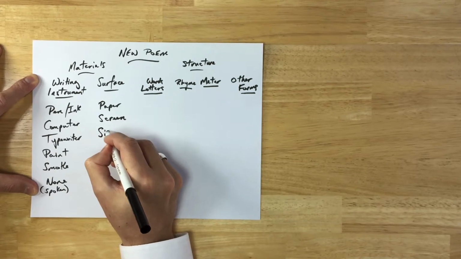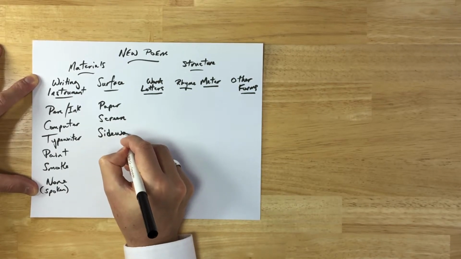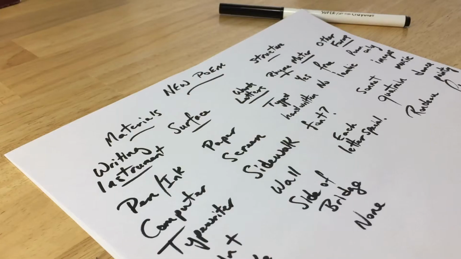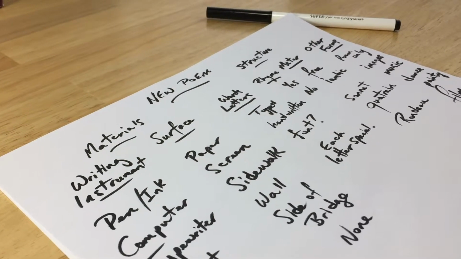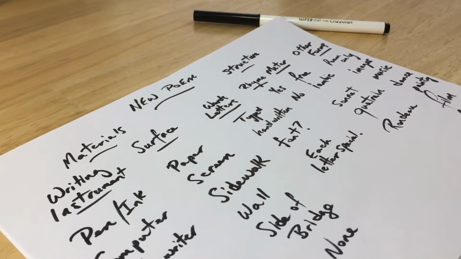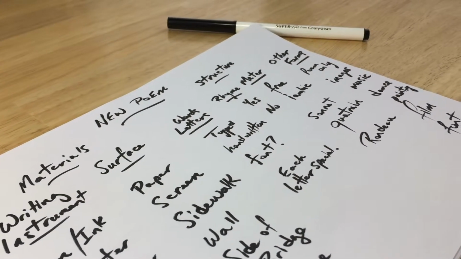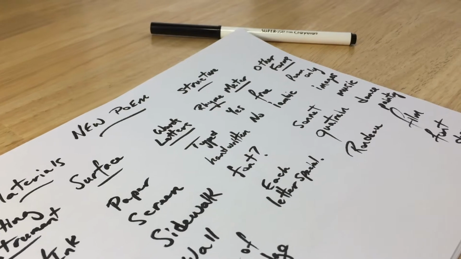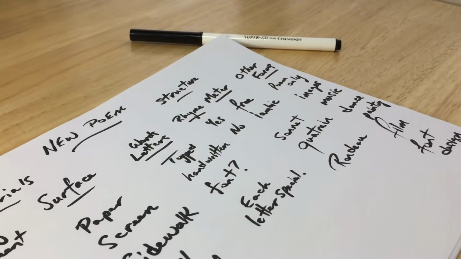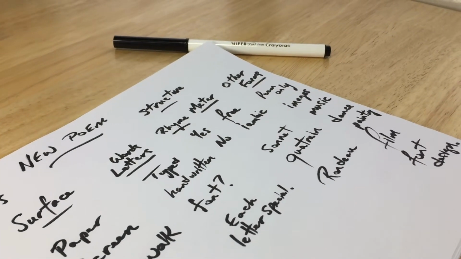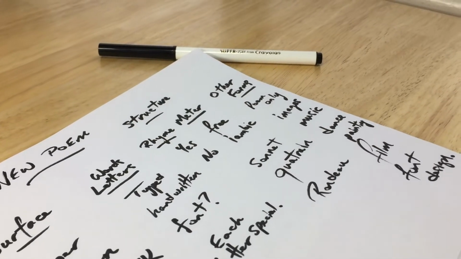Words might have elements like typed, handwritten, font, each letter a special design. Rhyme might simply be yes, no, or both. Meter could include free, iambic, sonnet, quatrain, rondeau. Other forms of expression could include poem only, images, music, dance, painting, film, typography.